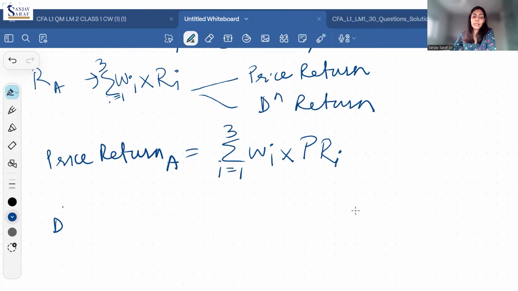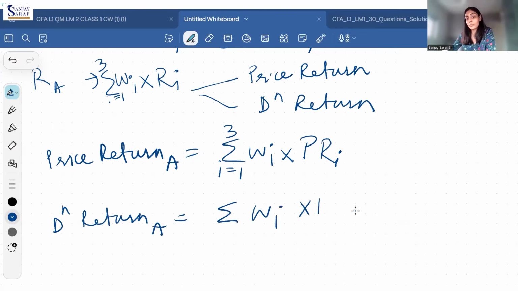And similarly, distribution return निकालना होता A का, तो weight of each security in the portfolio into the distribution return of each portfolio. When we are going to do a sum, it's going to be very clear, but otherwise it's a very straightforward concept.